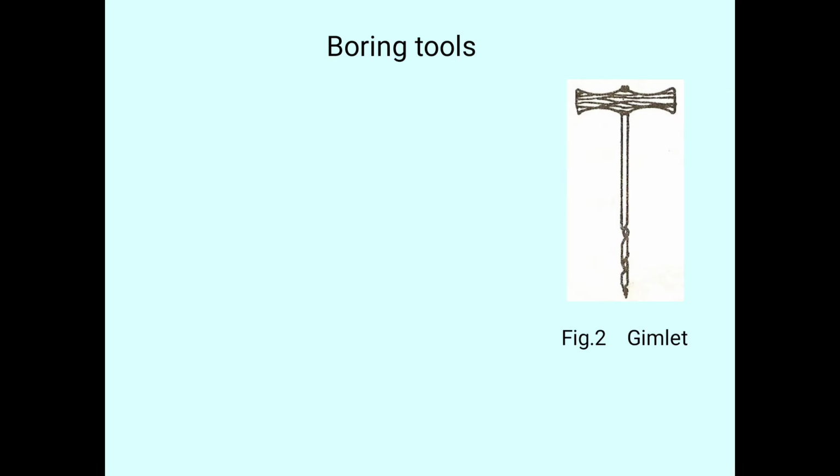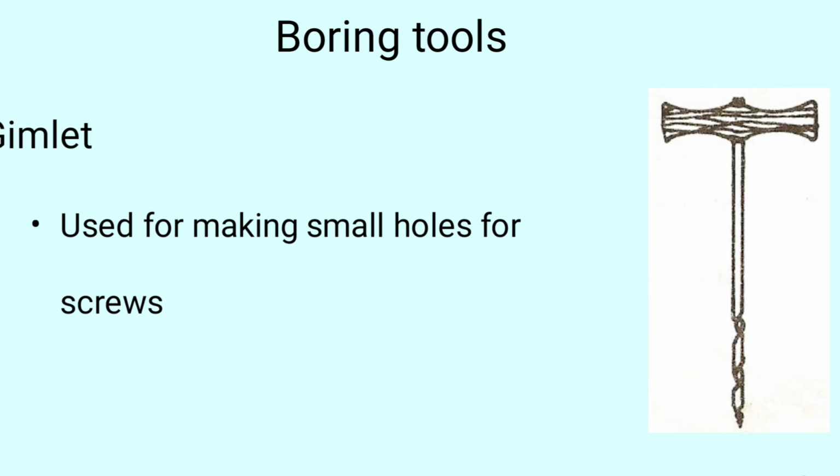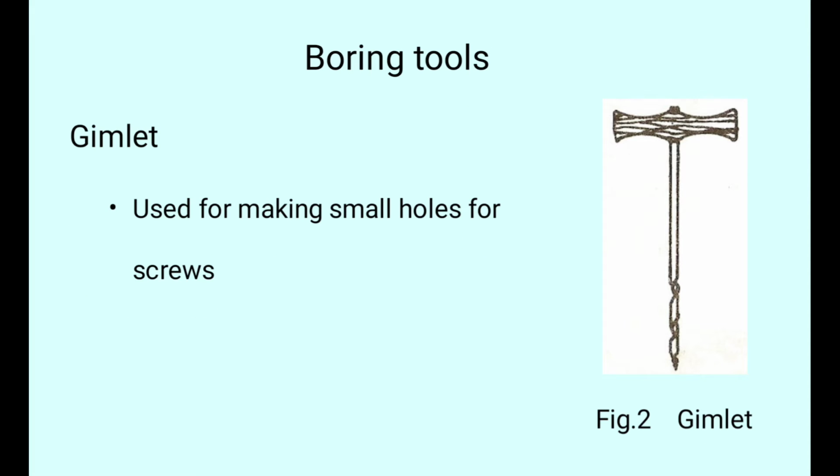The next one is a gimlet. Here we can see the diagram of a gimlet. This is used for making small holes for screws.